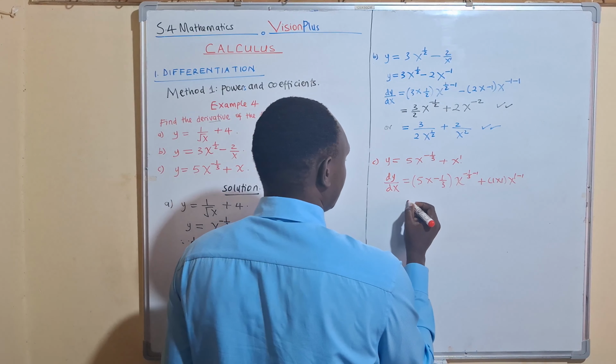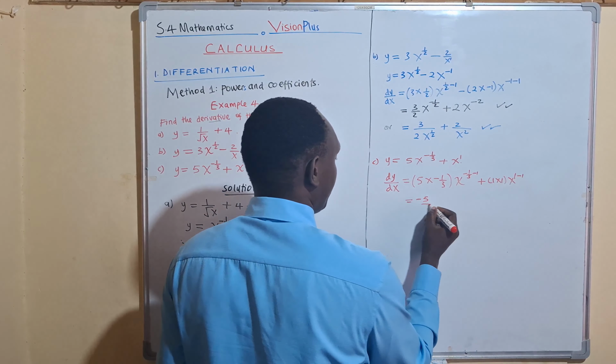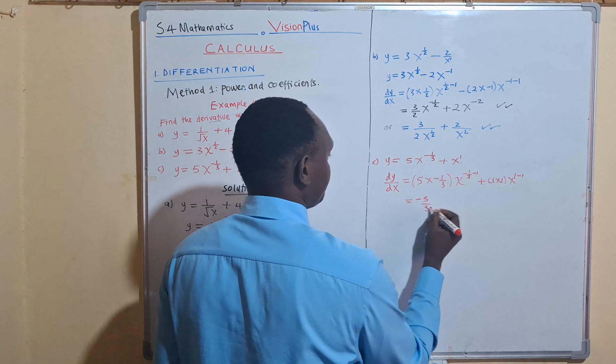And you know that this here gives us negative 5 out of 3, x. What is negative 1 over 3 minus 1? Negative 4 over 3. Negative 4 out of 3, plus 1 x power 0. I remember x to power 0 is 1. 1 times 1 is 1.